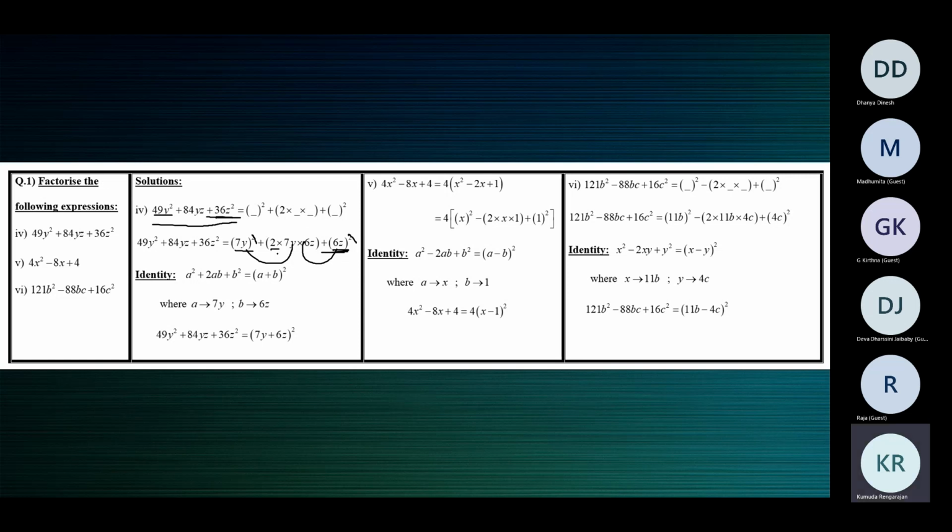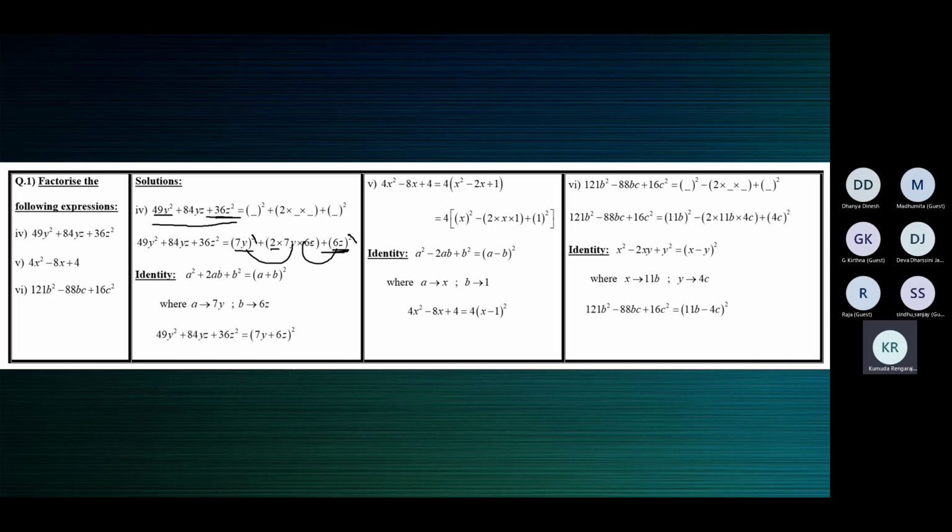When you check, 2 sevens are 14, 14 sixes are 84. So 84yz. The middle term is also happening.